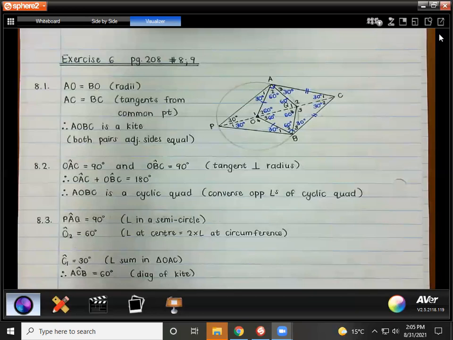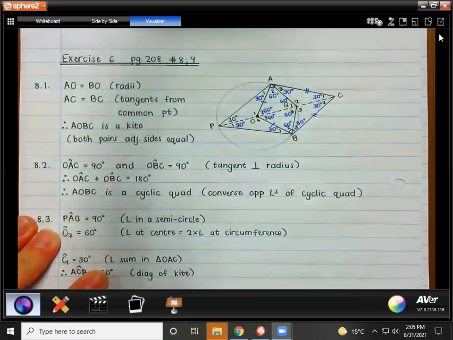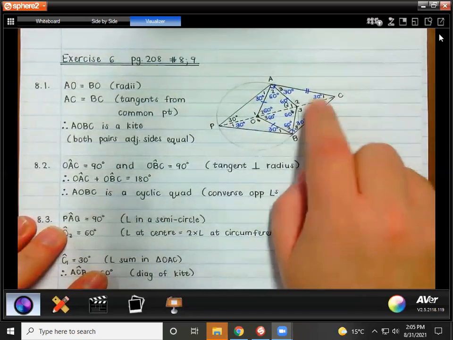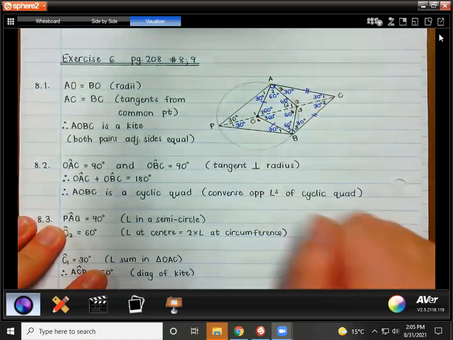Okay, then the second one is quite an interesting proof, and I don't know if many of you would have thought to do that because we haven't really practiced with that much. Now they asked you for the same figure there, AOBC, they now want you to prove that it's a cyclic quad.